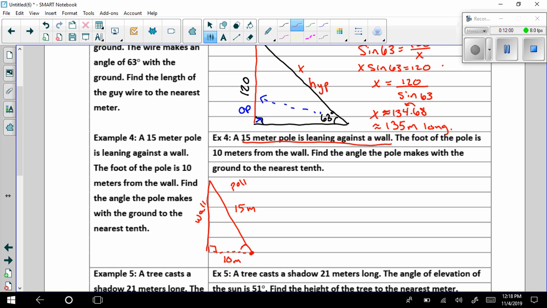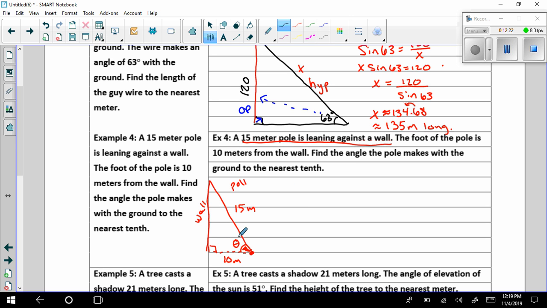So a lot of these are having us find this angle down here as our angle of interest. Just be careful that you don't always assume that is the angle, because it could say just as easily, find the angle the pole makes with the wall instead of with the ground. All right, so that's your theta. Go ahead and set this problem up to solve for theta.